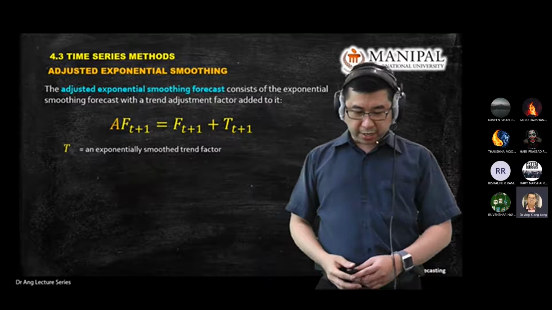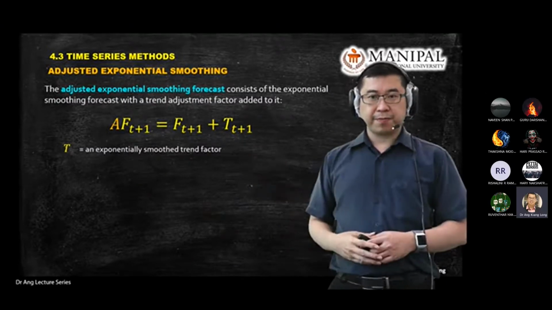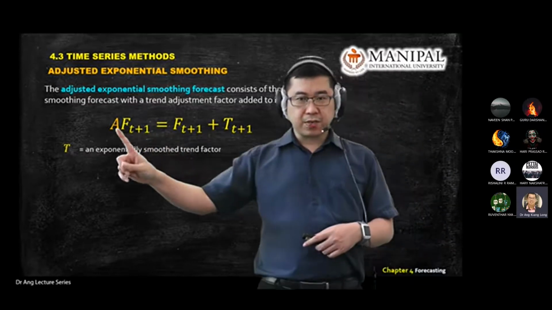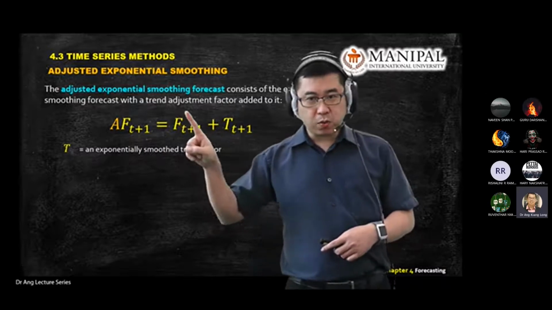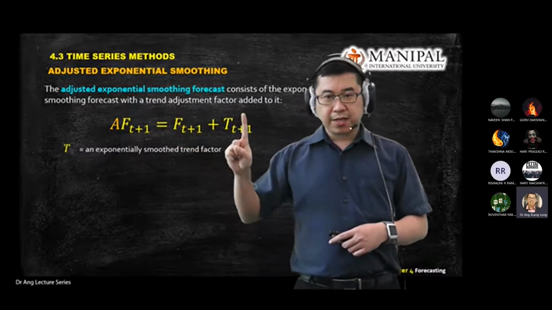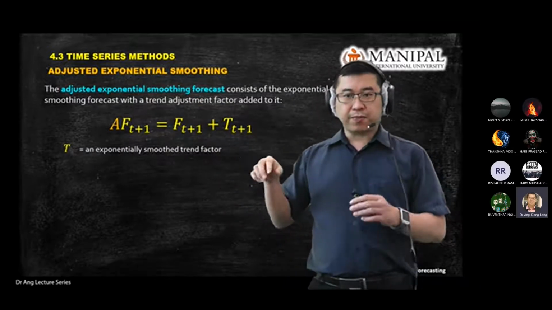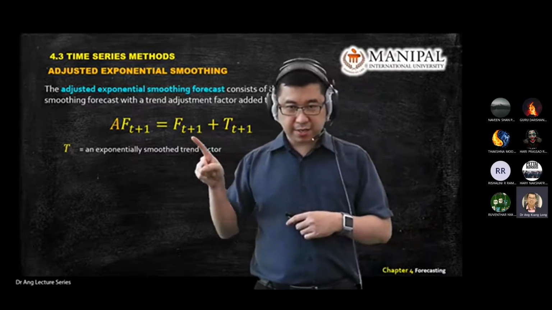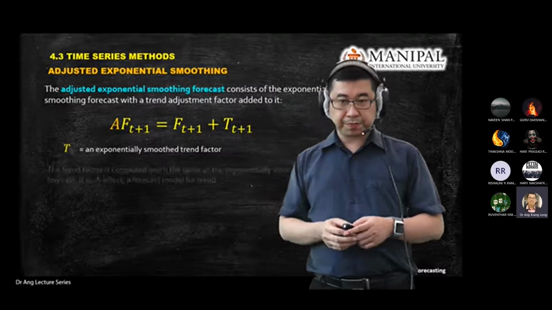This is another equation for the second session. We'll go through one example, then we call it a day. So for adjusted exponential smoothing, we need two data: one is the next month forecast, or the t plus 1 forecast, plus the trend factor.